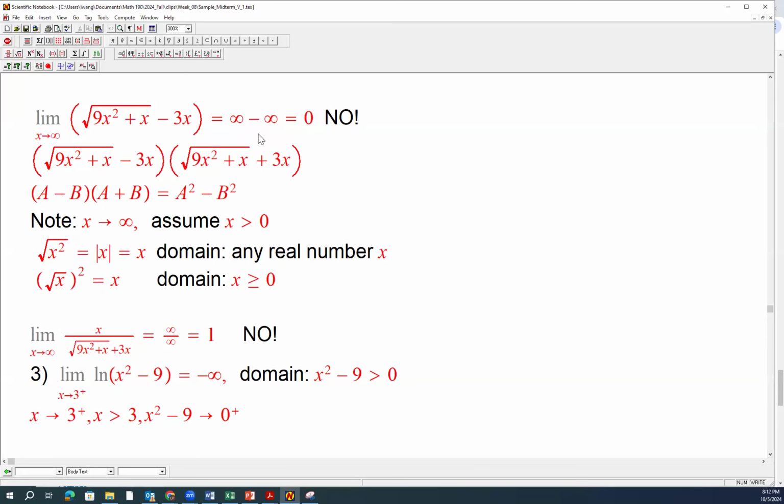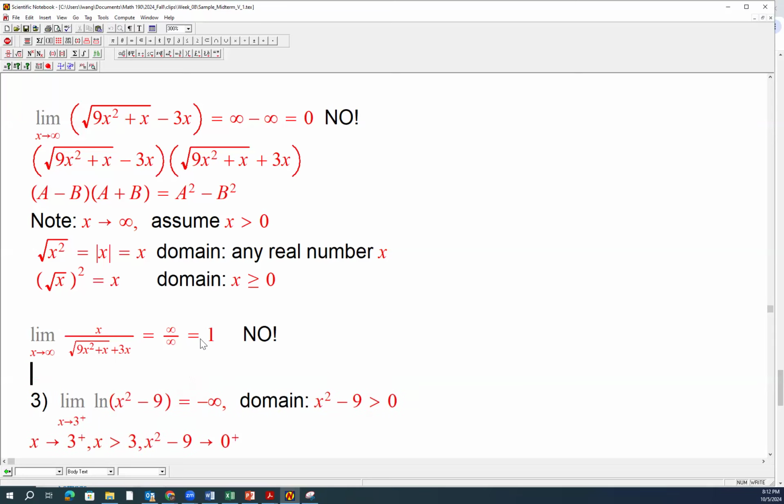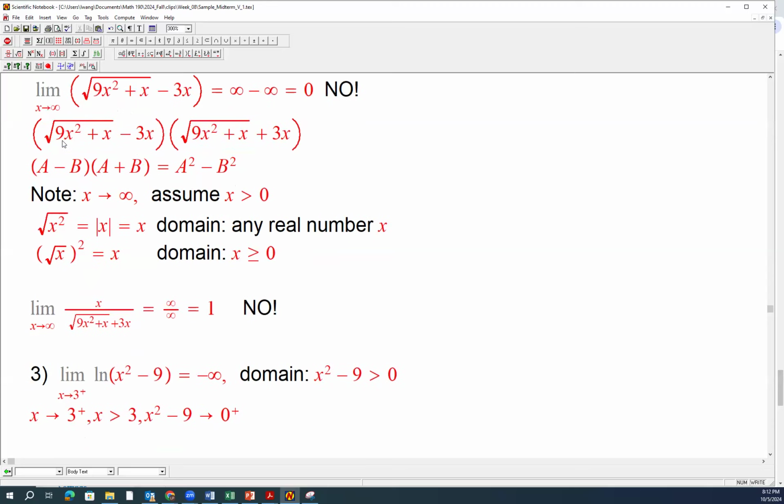One is infinity subtract infinity. Does it equal to 0? No, we don't know. Infinity divided by infinity. Does it equal to 1? Of course not. So some of these cases we must be very careful about, and also reflect on what it does imply.